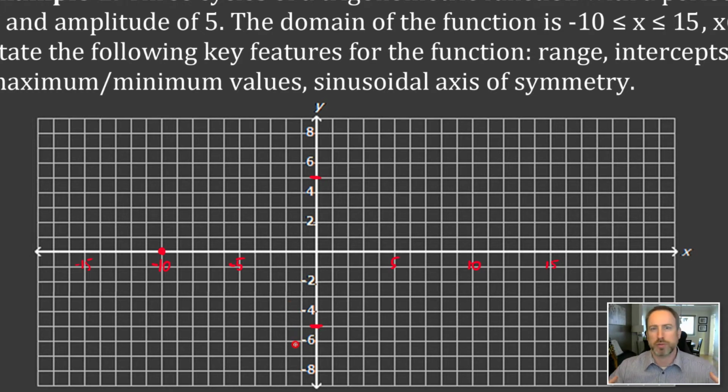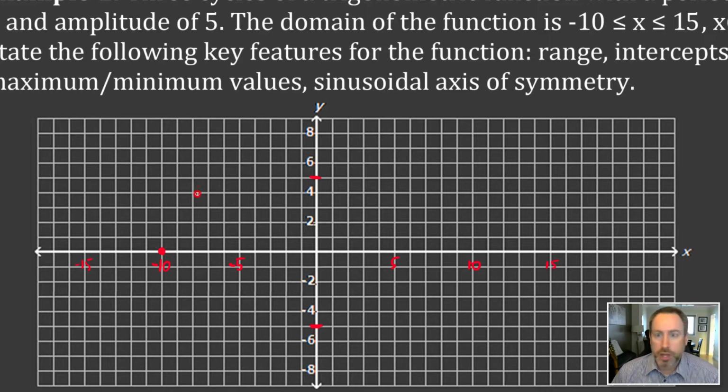We haven't done any sort of vertical translation here. We could if we wanted to get fancy. So you don't necessarily need your axis of symmetry, or I guess your midline, to be the x-axis. I've chosen to do that. You could draw it so that your minimum is the x-axis. Heck, you could draw this anywhere, and maybe I'll show an example of that later.